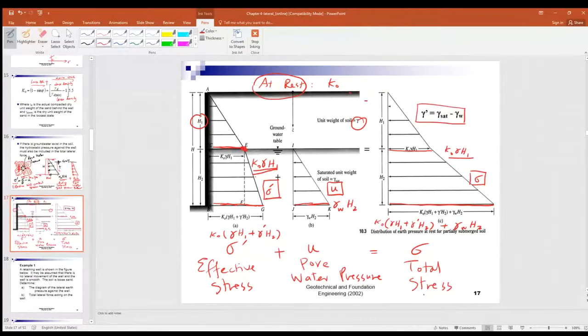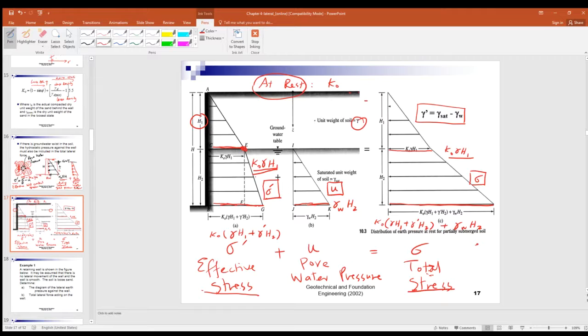Now you may ask why there are two kinds of diagrams. On the left is the effective stress diagram, and on the right is the total stress diagram.